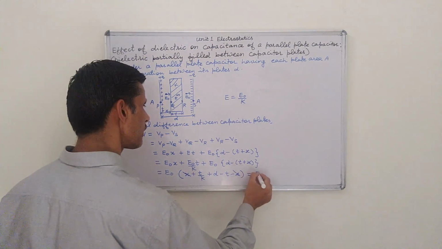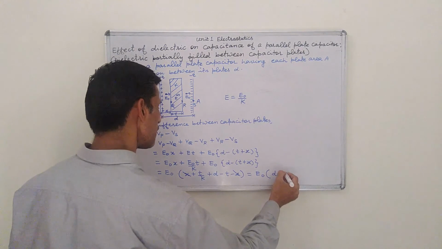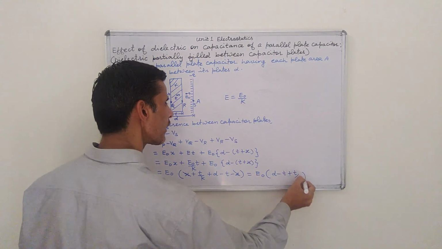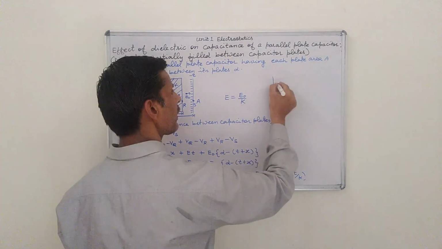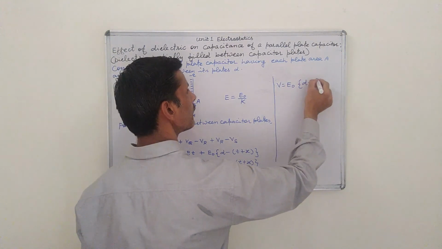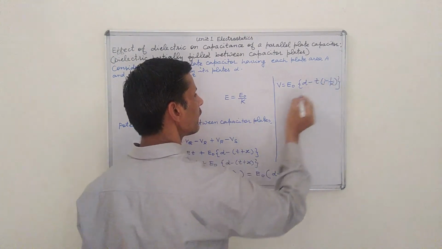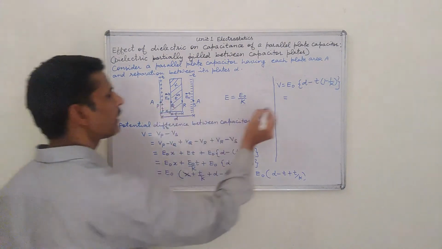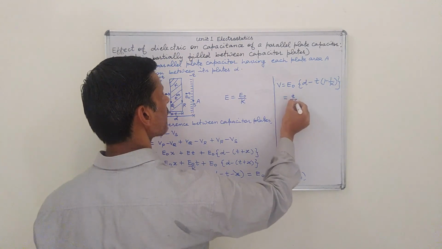So it is equal to E naught in bracket D minus T plus T upon K. So V is equal to E naught, D minus T, you can take common, 1 minus 1 upon K. And E naught is equal to Q upon A epsilon naught.